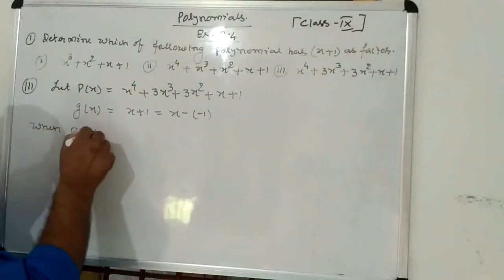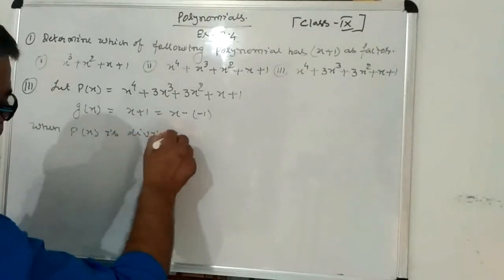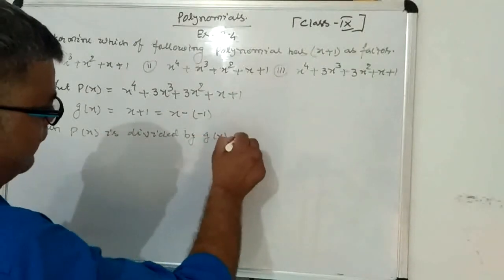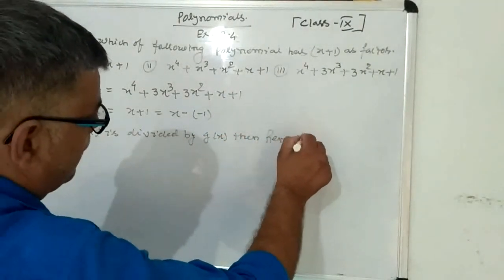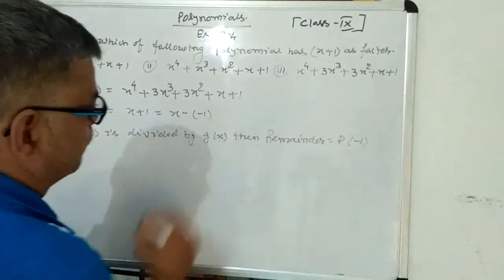When px is divided by gx, then the remainder equals the polynomial of minus 1.